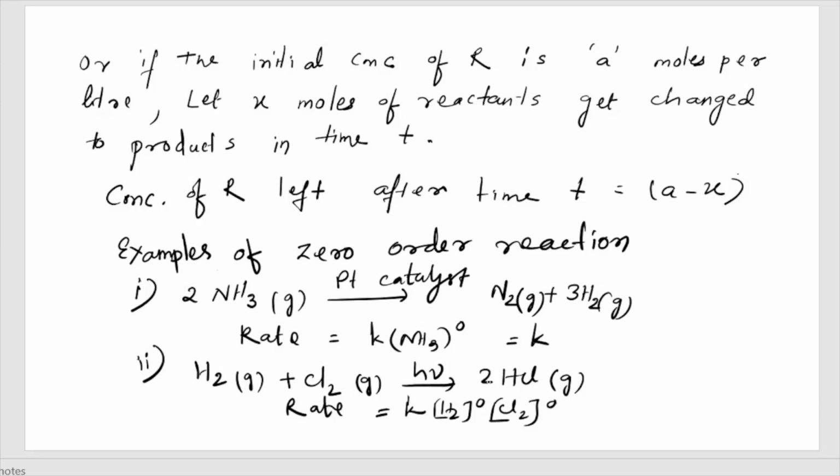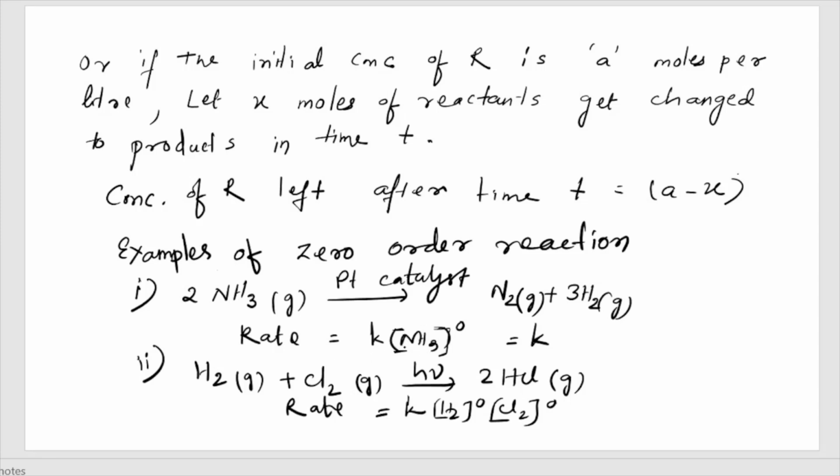Examples of zero order: ammonia with the help of a platinum catalyst gives N2 plus 3H2. From experimental values, it is found that rate is K[NH3]. It should be in square bracket, otherwise it has no value. This is the concentration, and it is zero order.